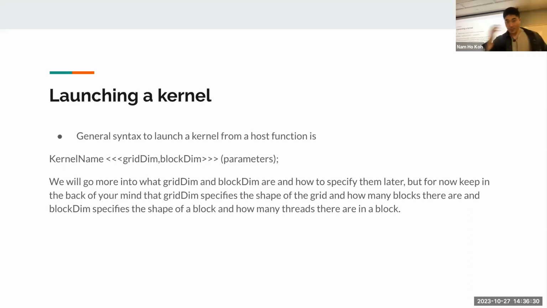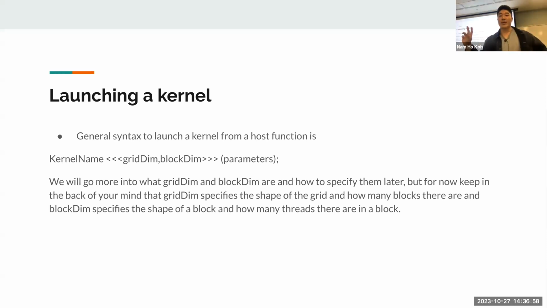Now, the fun part, launching a kernel. The last thing I want you to look at before the example program is the general syntax of how you launch a kernel function. As I said, a kernel function is just the basic function that performs the operation that you need. In this case, we specify the kernel function as kernel name, which is just the name of your function. Then between the three chevrons, you have grid dim and block dim, okay?